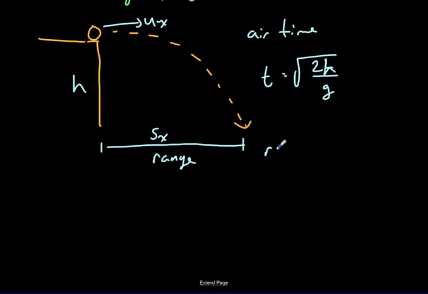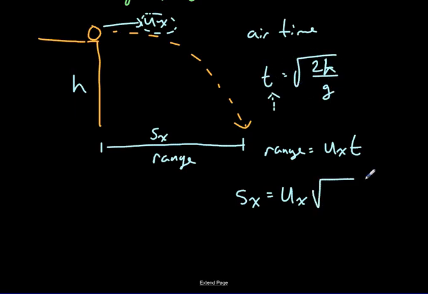The range is found as velocity times time, so ux times t. Or we could say in more mathematical terms, Sx is equal to ux, your initial velocity in the x direction, times time, but time is equal to this.